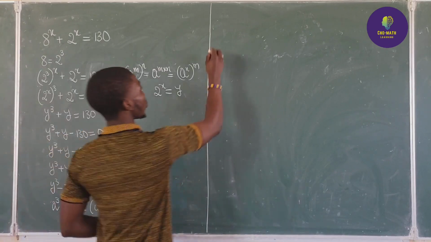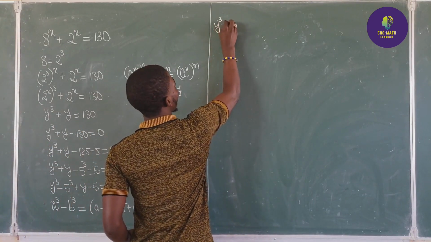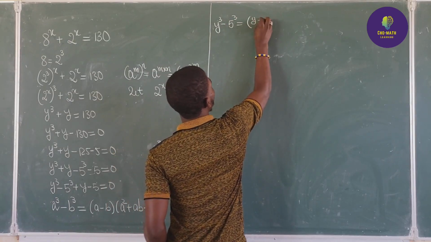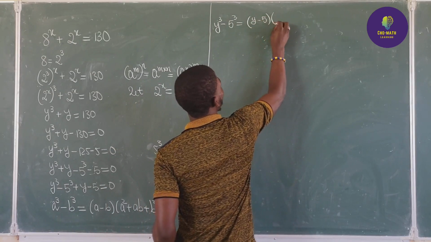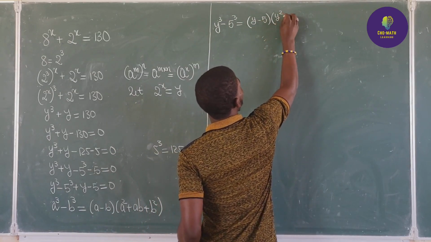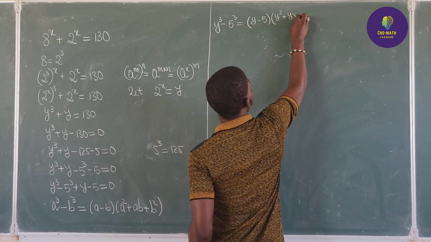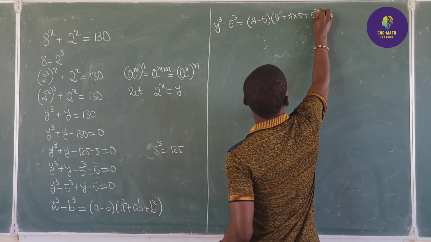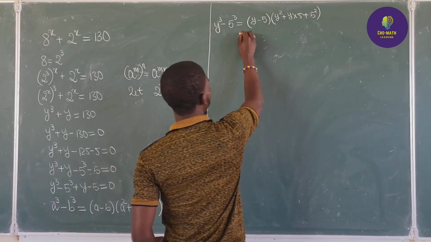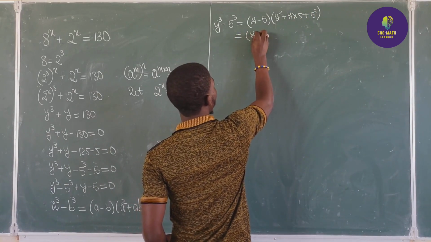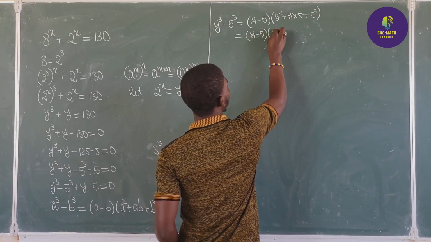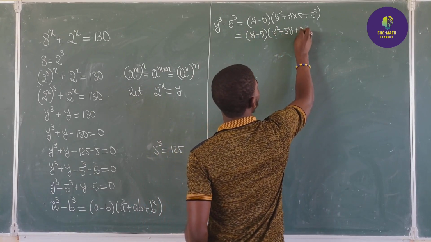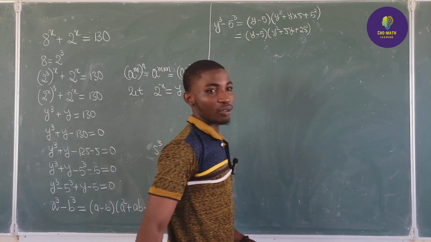That's we have y cubed minus 5 cubed will be equal to y minus 5 into y squared plus y times 5 plus 5 squared. At this level we have y minus 5 into y squared plus 5y plus 25, that's 5 squared.